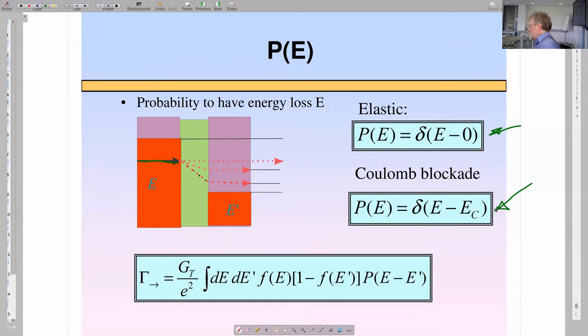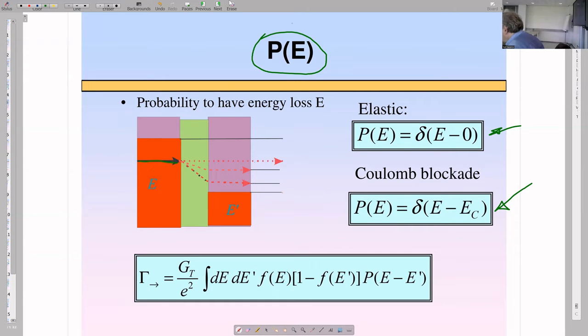It is some random quantity. And the probability distribution of this random quantity is given by this function P of E. Well, P stands for probability. Good. Suppose we know this function. We don't know yet, but suppose we know.